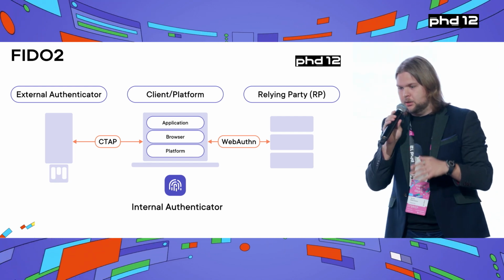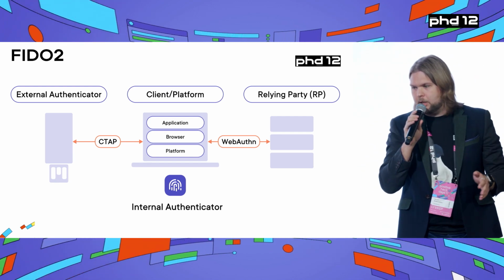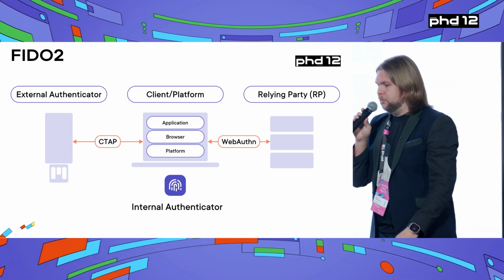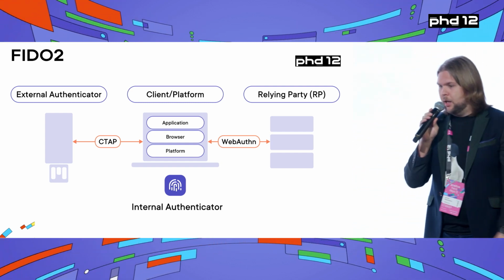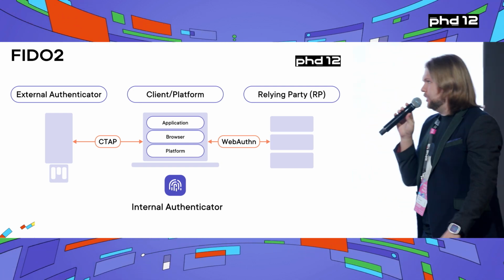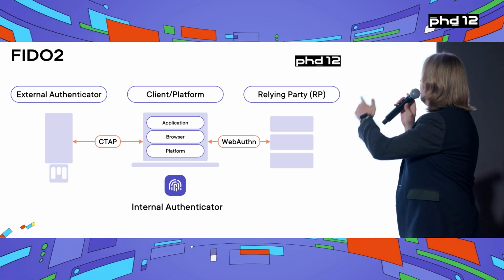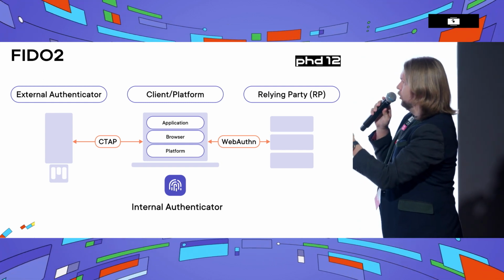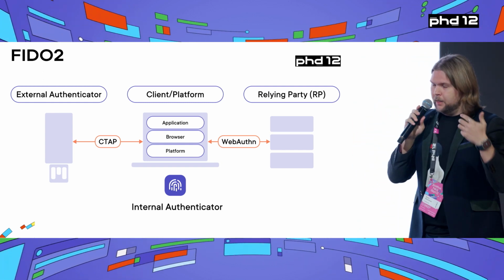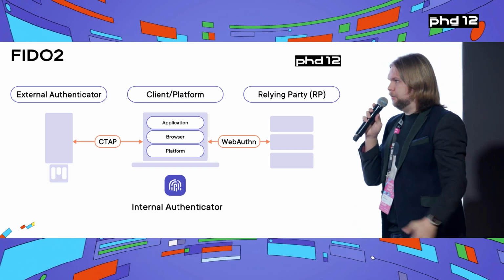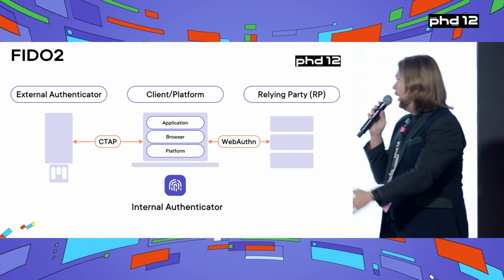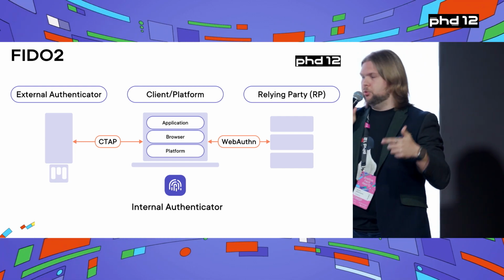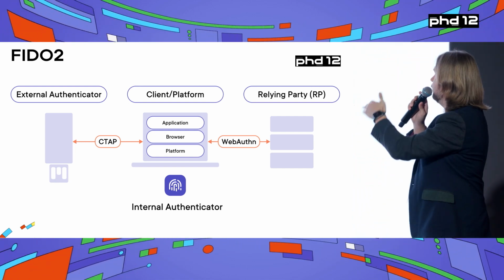Well, let me highlight what FIDO2 is about in a nutshell. That's a set of two protocols. The first is the WebAuthn protocol, which specifies how a relying party, some service that would like to authenticate a client by means of encryption key pairs, could turn to the client in order to initiate such an authentication.